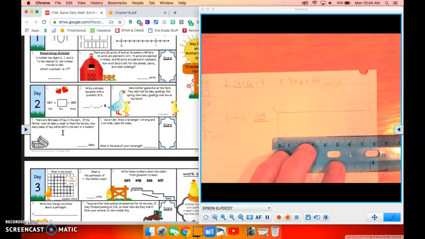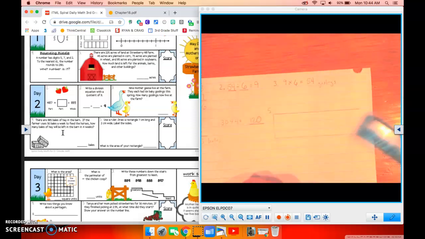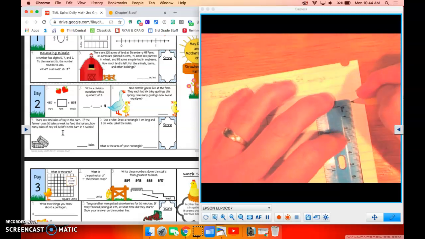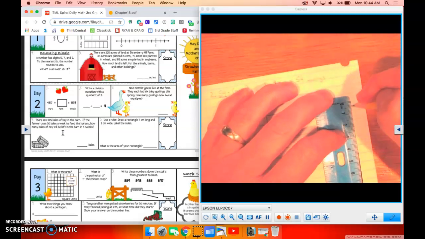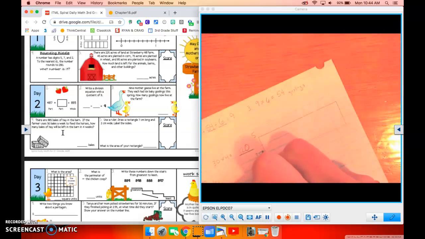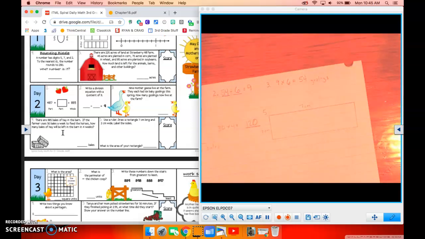Now, if you do not have a ruler, obviously it's going to make it a little more tricky to do this, wouldn't it? 1, 2 centimeters. So here's 2 centimeters, 7 centimeters, and that's about what your rectangle will look like.